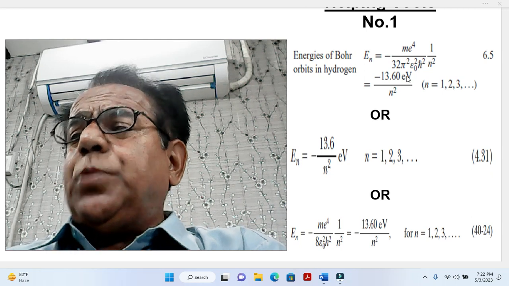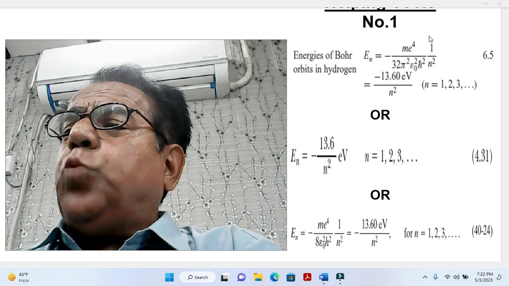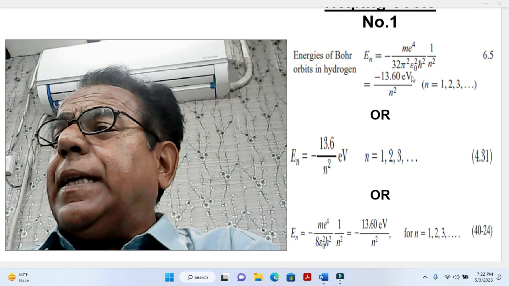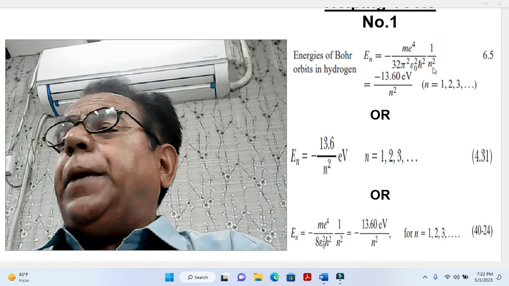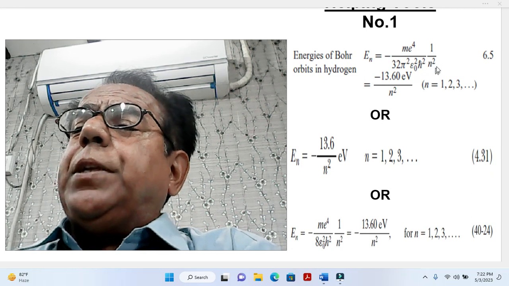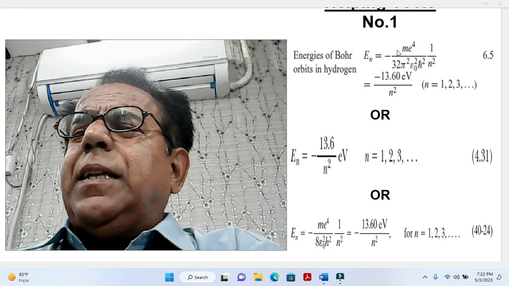In our subsequent problems, definitely we will have to deal with this quantity me4 over 32 pi square epsilon naught square h cut square n square. Definitely in that portion our calculation will become lengthy or laborious.